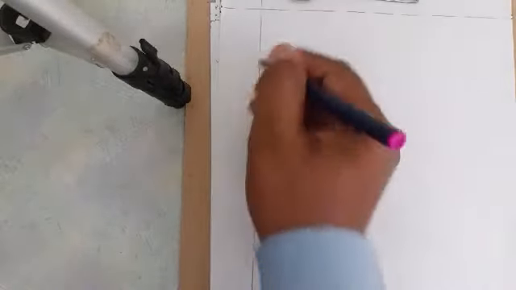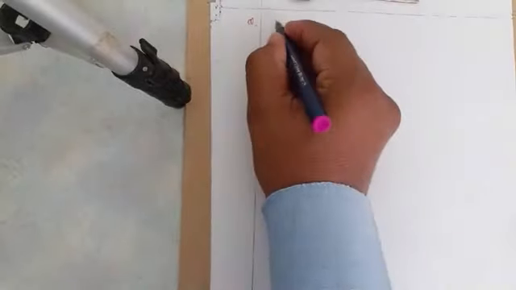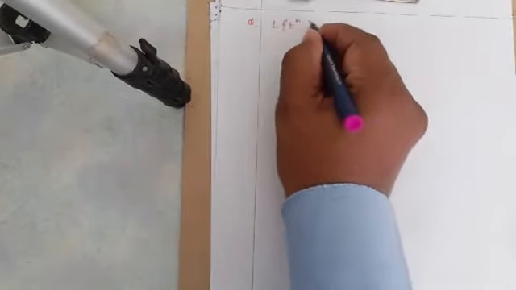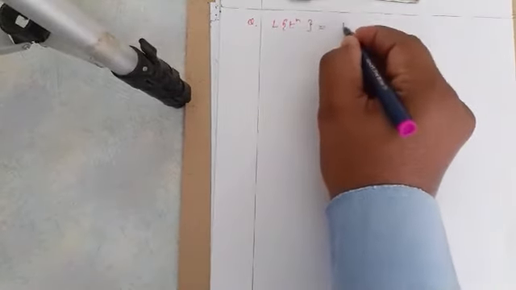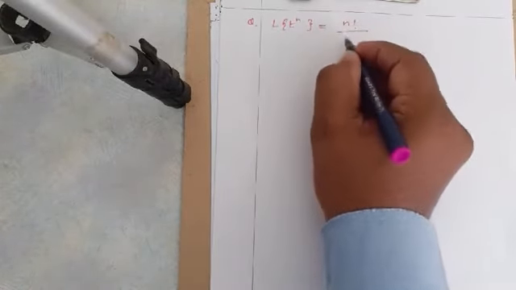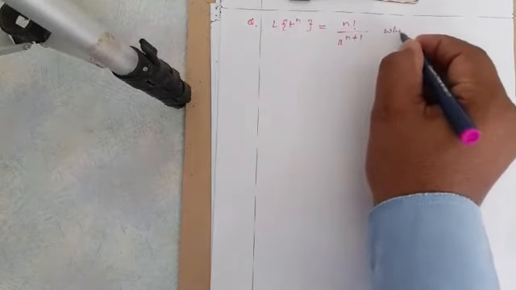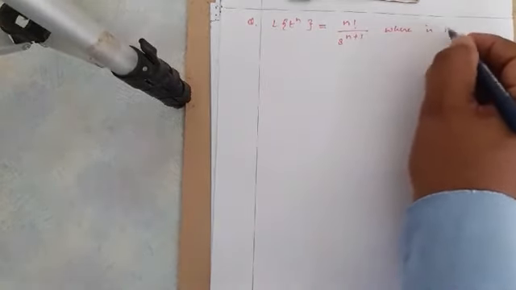Now let us go for next elementary function. So next elementary function is Laplace of t power n. Laplace of t power n is nothing but n factorial upon s power n plus 1, where n is a positive integer.